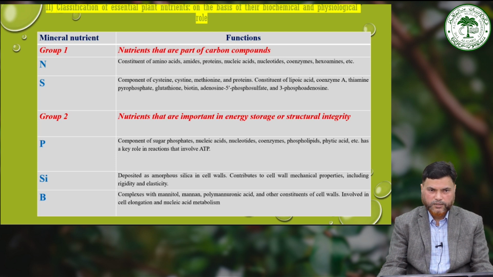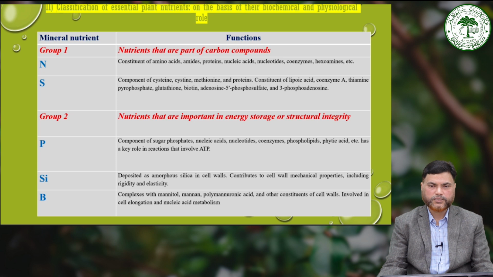Another element present in the first group is sulfur, which is also a very crucial element in carbon containing compounds, and it serves as a constituent of cysteine and methionine. It's a very important point to remember that these are essential amino acids.